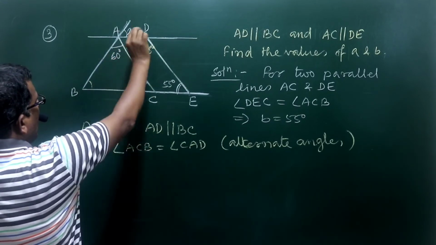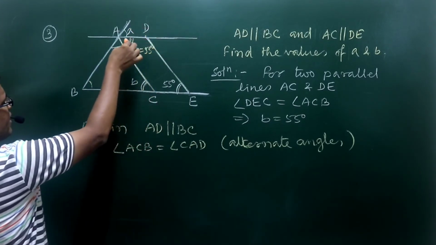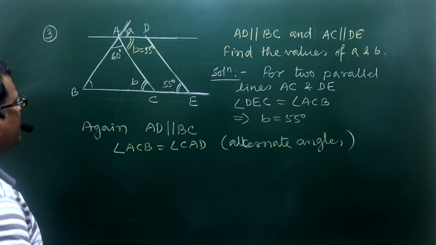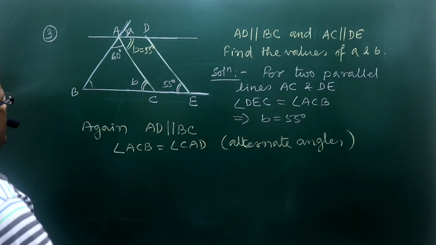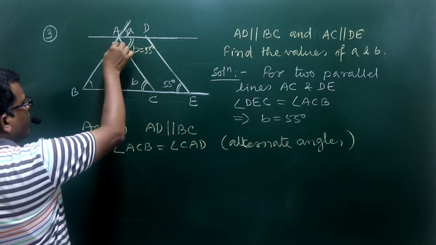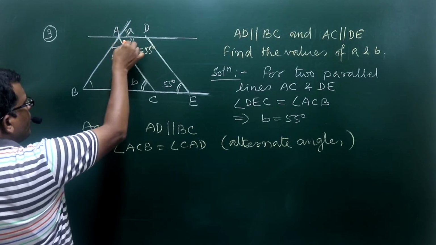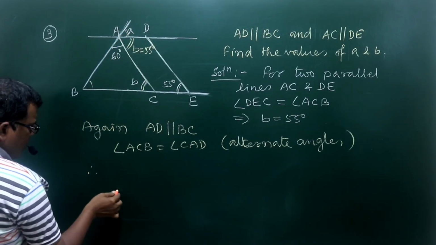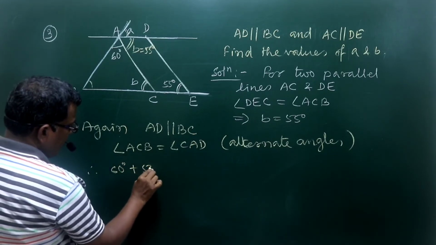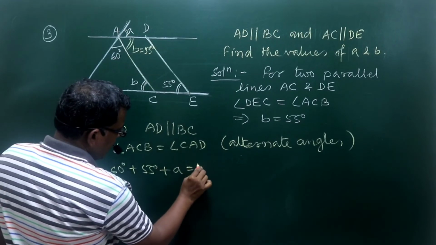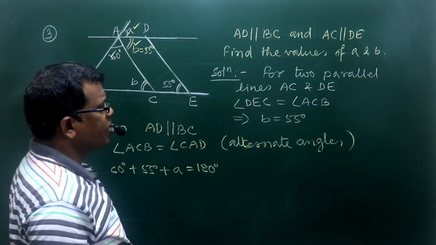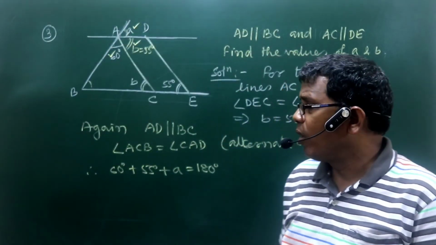Now see one thing, that if this is 55, what will be the value of A? Because we need to answer the value of A. The whole angle at a point on a line, that is the total angle at vertex A on the line AB, will be 180 degrees. So can we write down 60 degrees plus 55 degrees plus A, all together as 180 degrees? This angle plus this angle plus this angle, the sum of all these three angles should definitely be equal to 180 degrees.